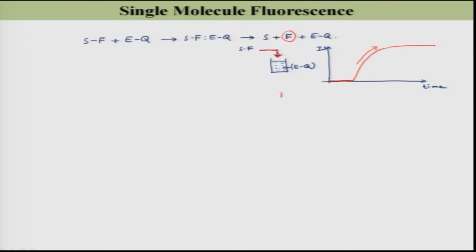So one of the drawbacks is the dead time of mixing, and it is also not going to tell me whether there is a formation of any intermediate state for such kind of experiment.